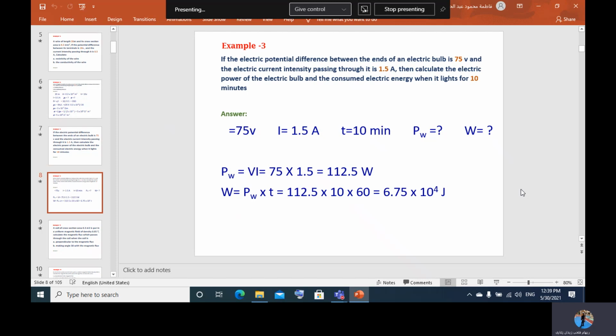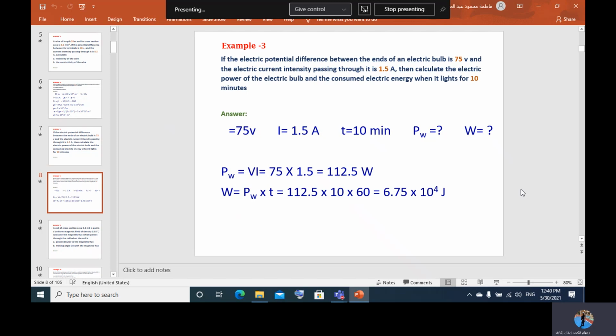So the total thing is I will multiply now the power, 112.5 times 10 times 60. Now 60 is the conversion factor to convert from the unit of minutes into the unit of seconds.